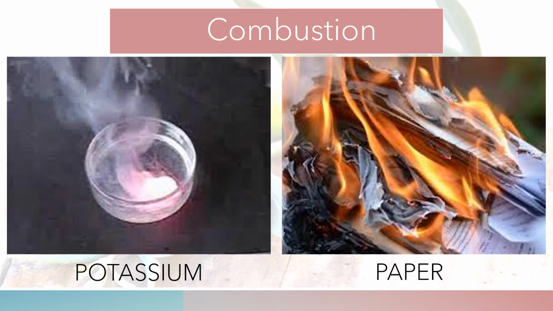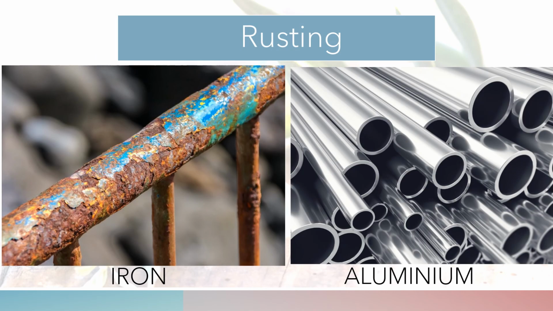When we put potassium in water, the metal will burn without the help of fire. Whereas the paper needs fire to burn. So this shows the different chemical properties of substances.